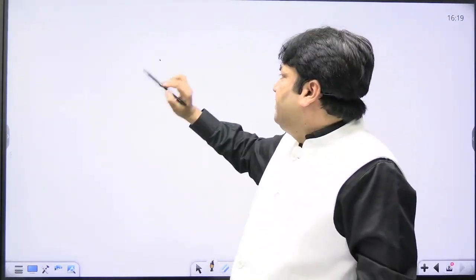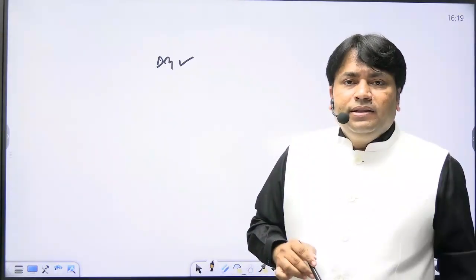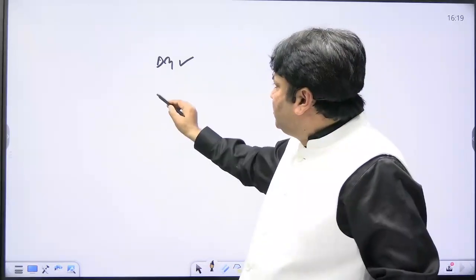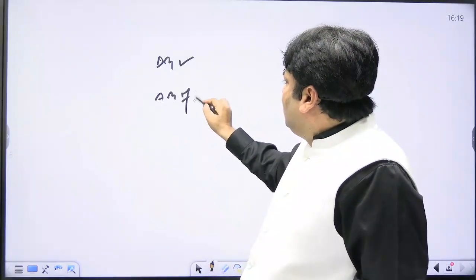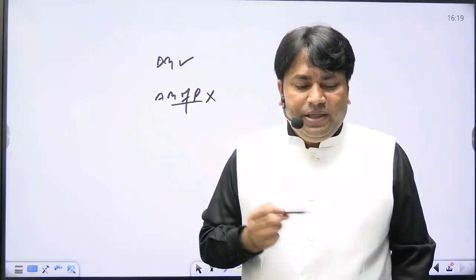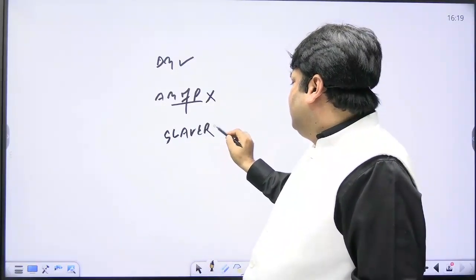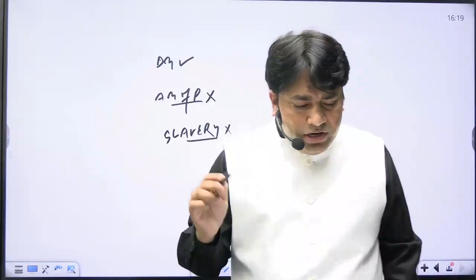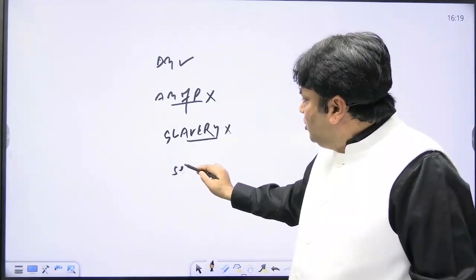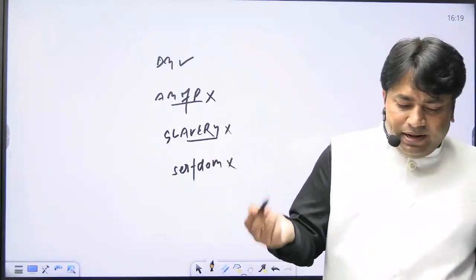At the same time, he uses dialectical materialism, but there is a theory of Marx called the Asiatic mode of production. This was rejected by D.D. Kosambi. The Marxist idea of slavery is also refuted here. D.D. Kosambi also denied the presence of serfdom in India.